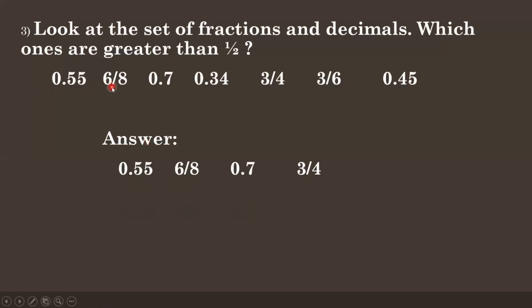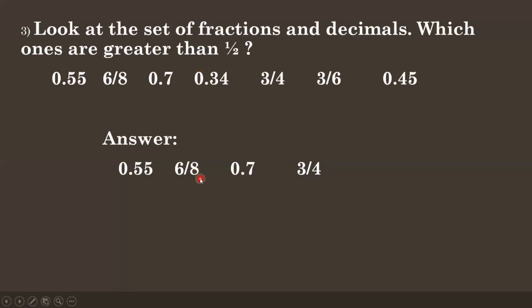Now what about 6 by 8? When you divide 6 by 8, you will get 0.75. So 0.75 is greater than 0.5.